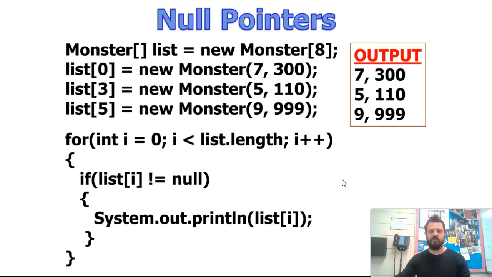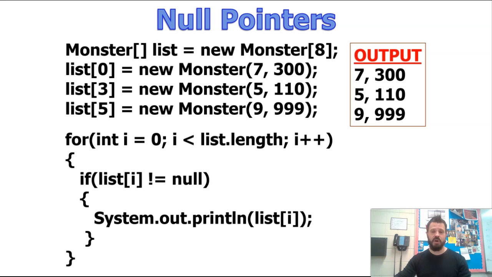One thing I can do to avoid those null pointers and not print them out or add them in calculations is, as I loop through that array, I'll wrap whatever I want to do within this extra conditional, where we'll say if list at i is not equal to null, then we'll do whatever we want to do. Again, in this case, we'll print it. This is a simple way to print all the monsters that are in that array and ignore all the null spaces.